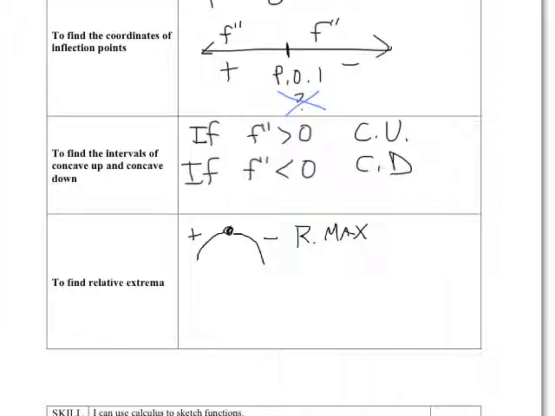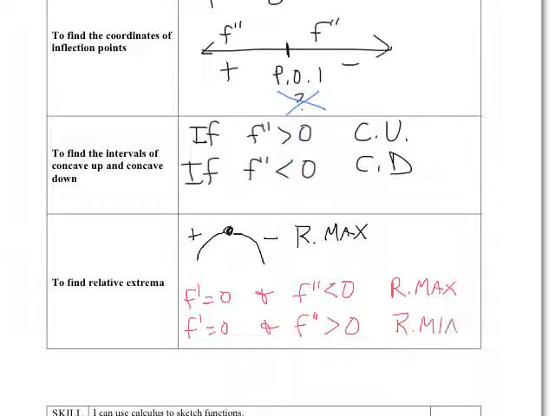The second derivative test says if f prime is equal to 0 and f double prime is less than 0, then we've got a case where it's concave down and we're going to have a relative max. Or if f double prime is greater than 0, then we'll have a relative min, because we are concave up.